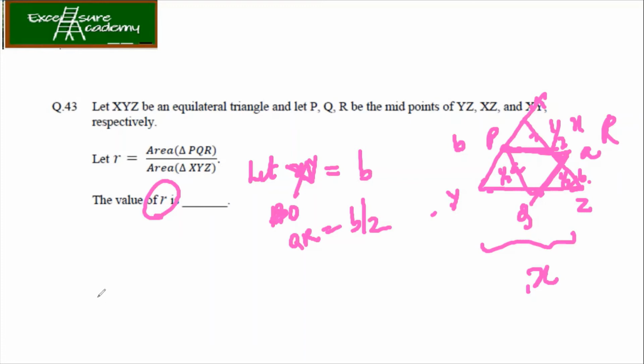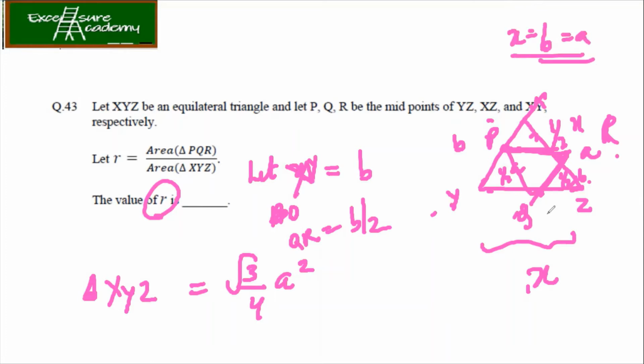Now, the area of triangle XYZ is root 3 by 4 A square, since all these sides are going to be equal because it's an equilateral triangle. So here X is equal to B is equal to A. These sides are the same. So this is your area.